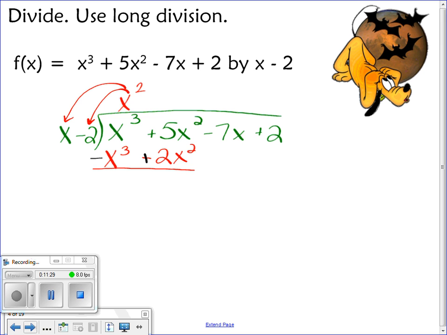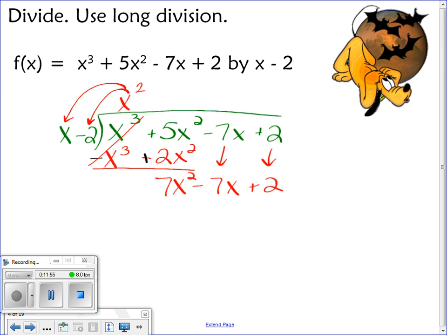This cancels. What's 5x squared plus 2x squared? Okay. I'm going to bring down everything else. I just don't want to lose anything. I'm going to just bring it all down as I go. You with me, Jared? You all right? And then the process starts again.